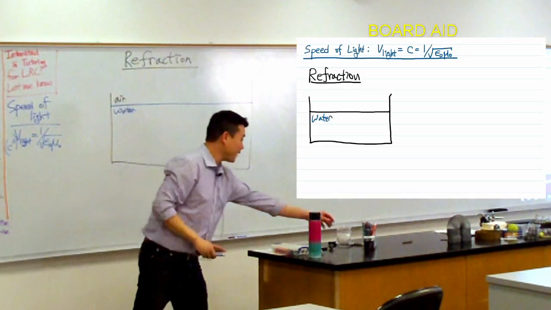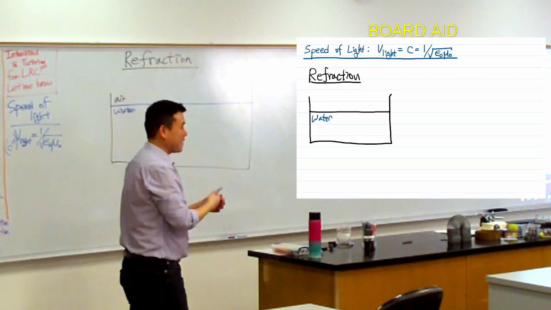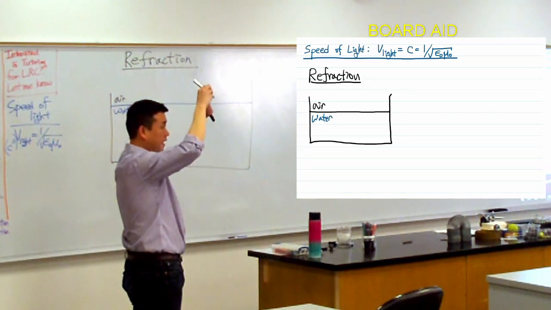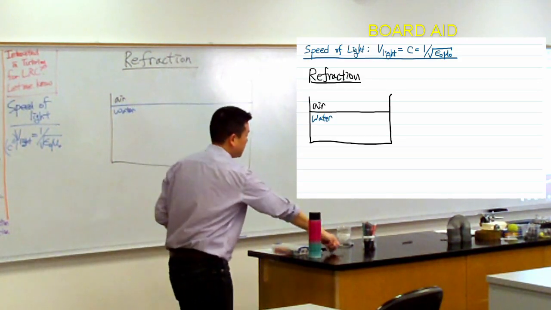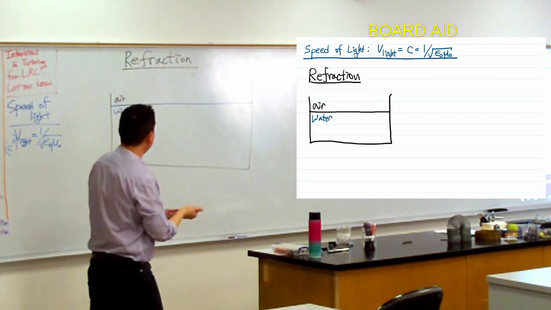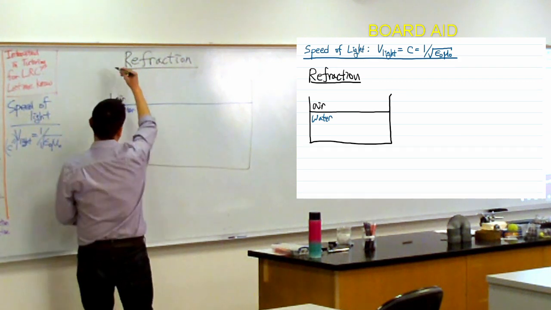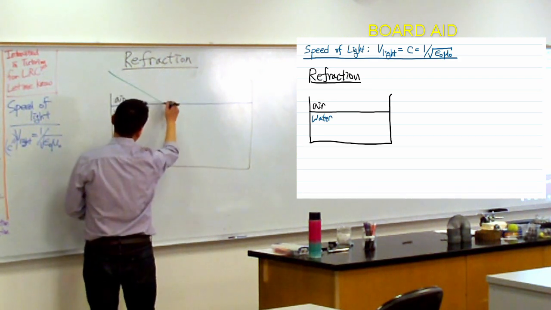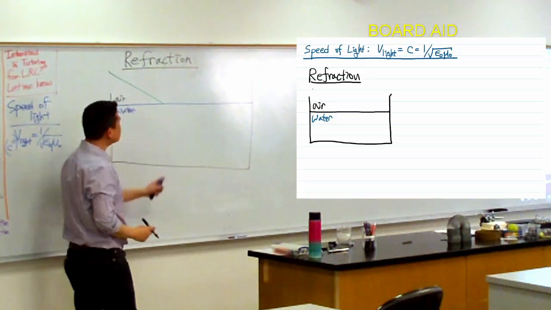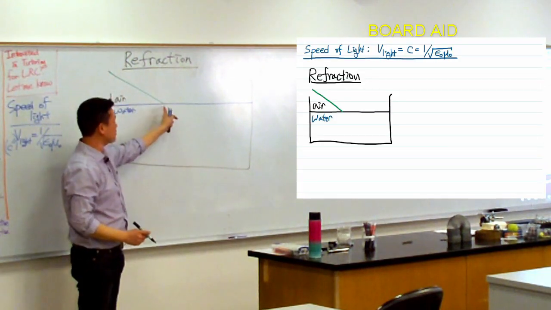Now, I do have a laser light, but imagine I'm shining this laser light down into that water. So there's a beam, a ray of light, that's coming to here. And what happens to this ray of light as it enters this water?